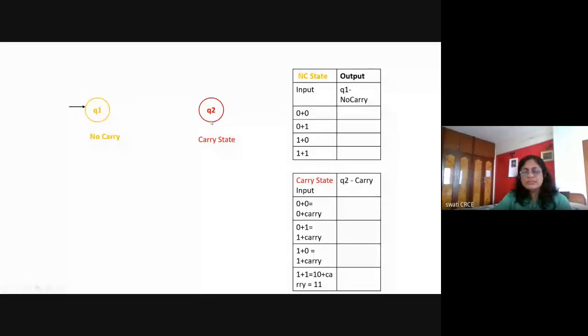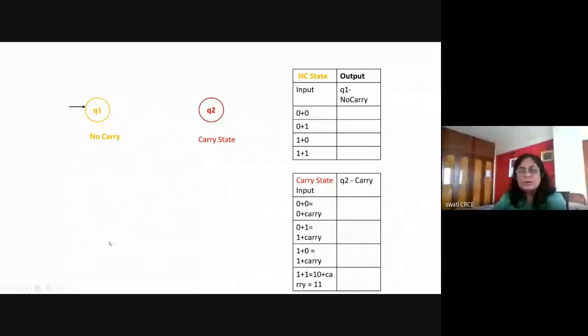Assume the machine is in the carry state and is now receiving some input. It may receive 0 0, but since it is in the carry state, the carry will again be added in the result. The input can also be 0 1, 1 0, or 1 1. The addition will be done, the carry will be added in that addition, and you get the new output and a new state.